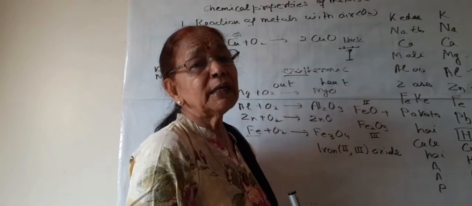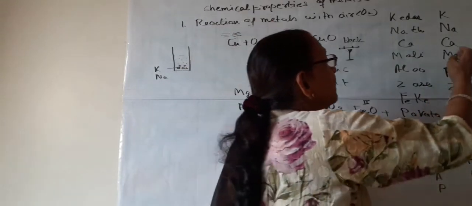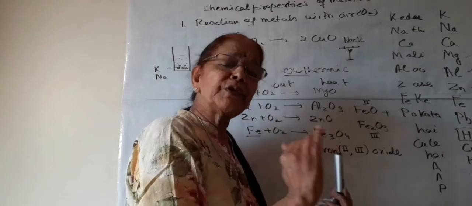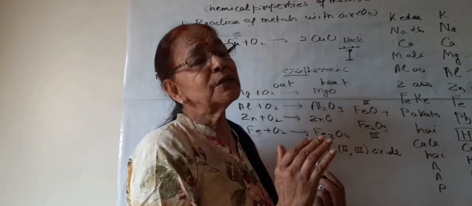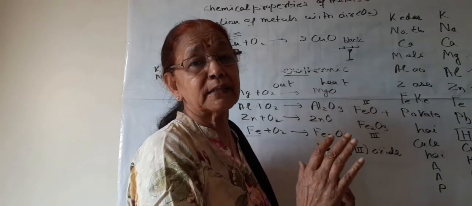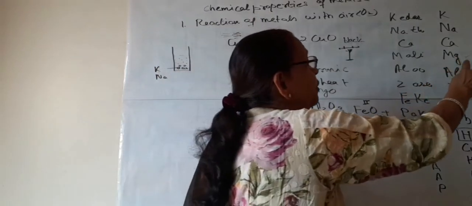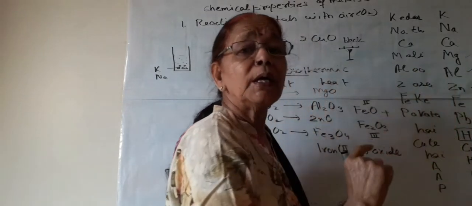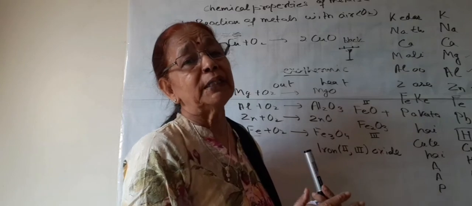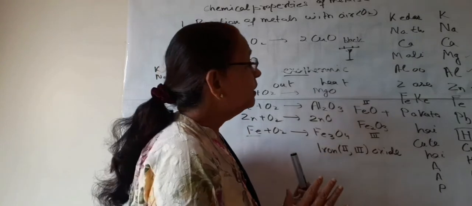This dull covering is the oxides of these three, and the oxides form a protective layer on these metals, so they are not further oxidized. A protective layer of MgO, Al2O3 and ZnO is formed on the pieces of metal and they are not further oxidized.